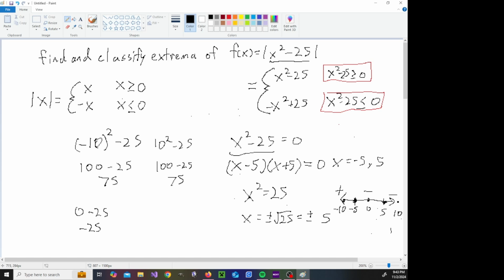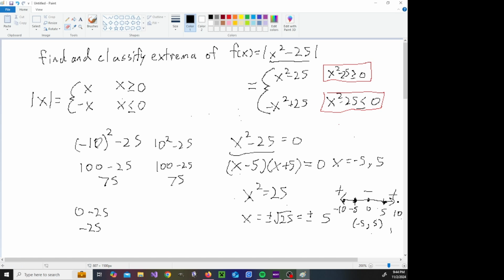So I have to be positive on this interval, which really means the only place that x squared minus 25 is negative is on the interval from negative 5 to 5. And then I'm positive everywhere else.